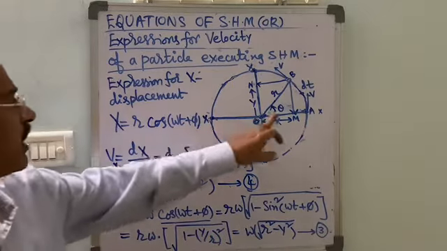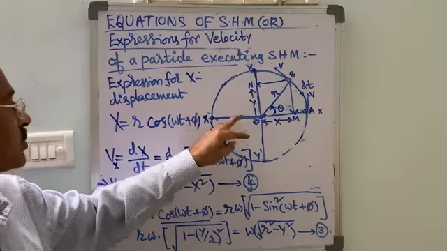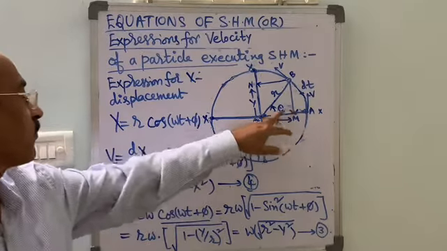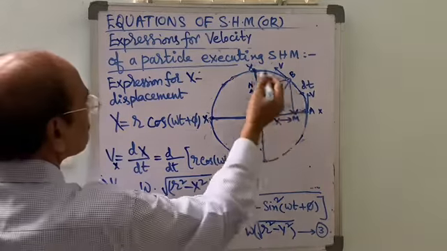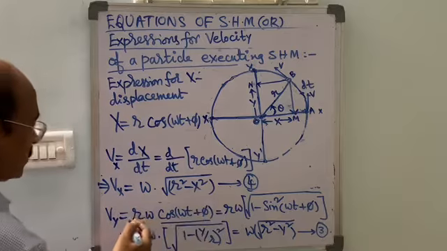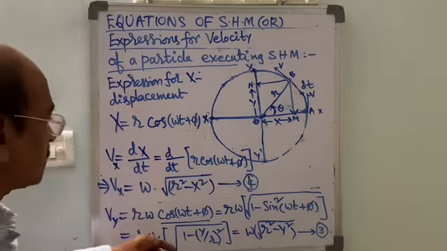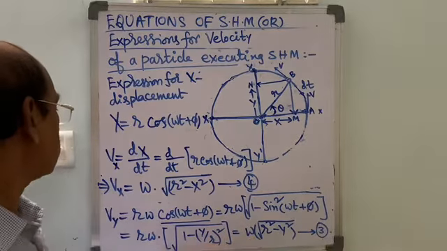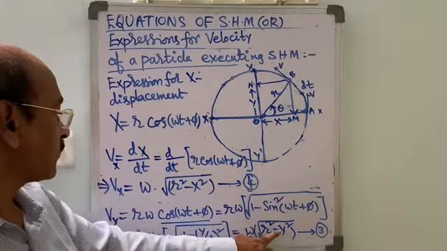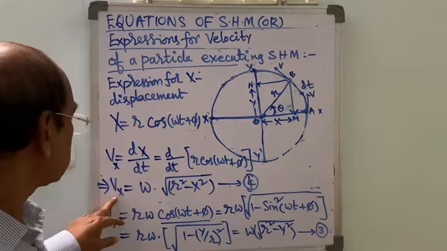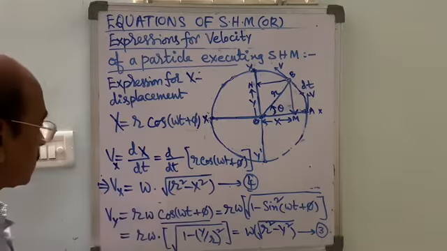On the x diameter, the velocity of the projection of the tip of the body moving along the circumference of the circle is, from this expression, the velocity of the particle omega into under square root R square minus y square. Similarly, x velocity is equal to omega into square root R square minus x square.